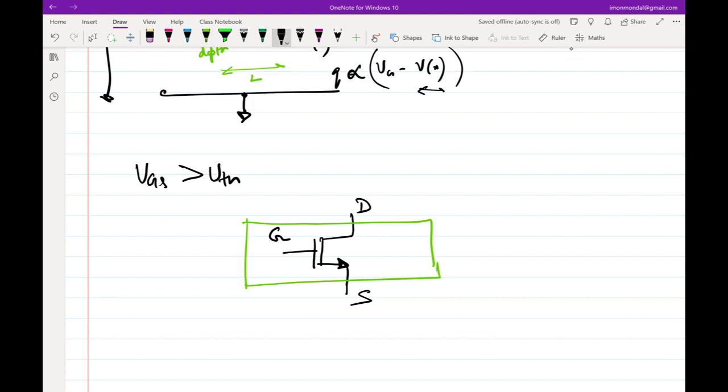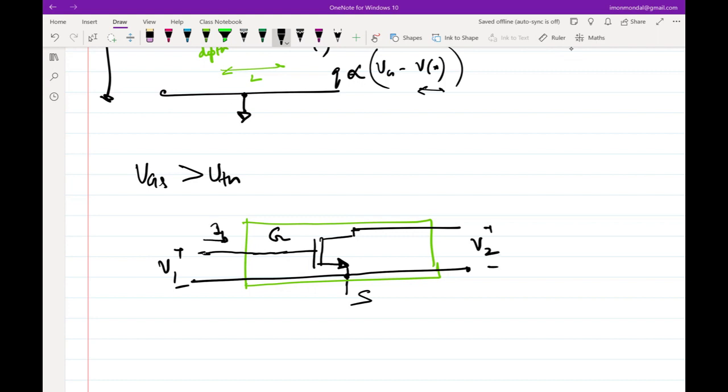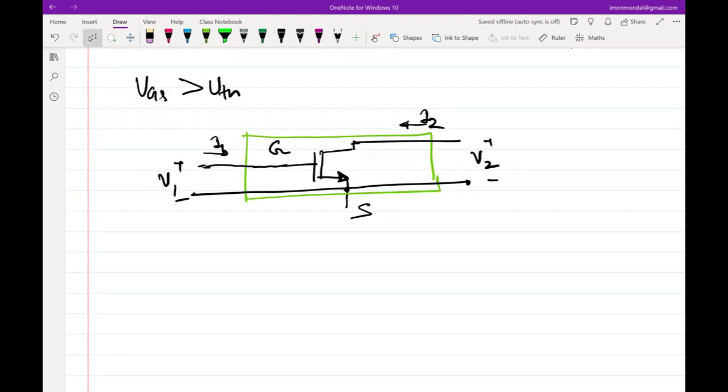We further said that if this is my 2-port, where the source terminal is common to both the input and the output ports, then I can express this IV characteristic in terms of the 2-port parameters. I1 is always 0 because it's going into a gate, into a capacitor, so the DC value of I1 will always be 0.